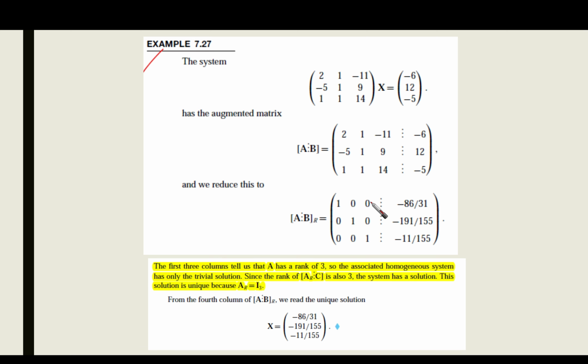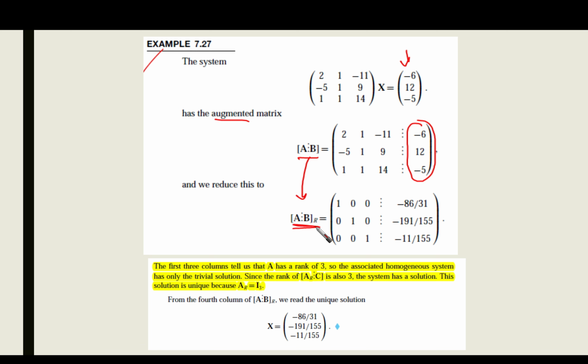Now let's go to another example and see how we can solve the issue here. We have a non-homogeneous system, as you can see here. So we put the augmented matrix, A, and we put the right hand side, which is B, and then we reduce this AB.